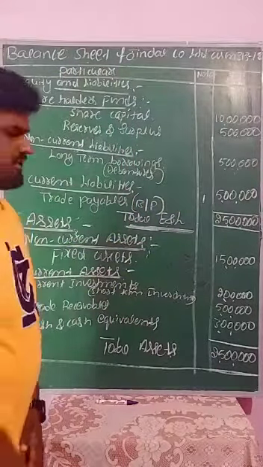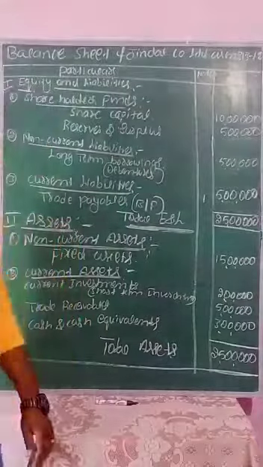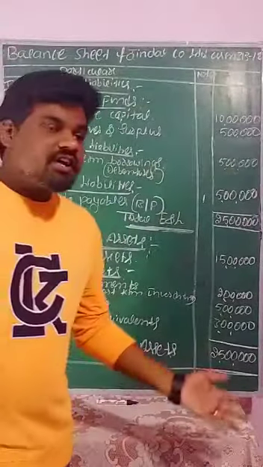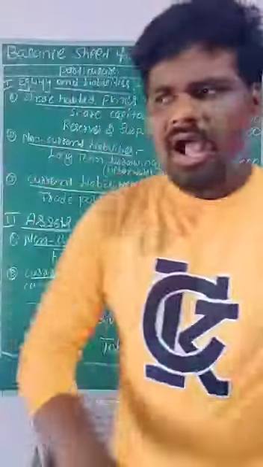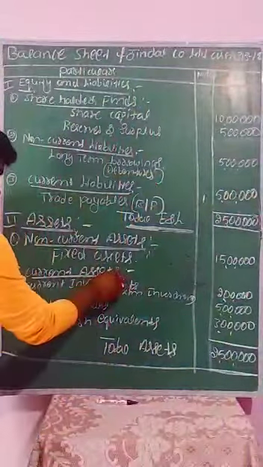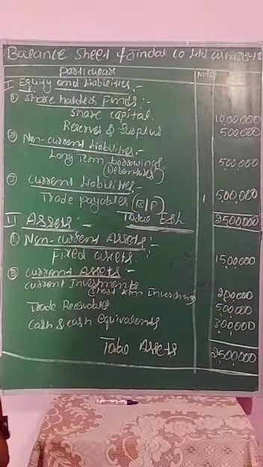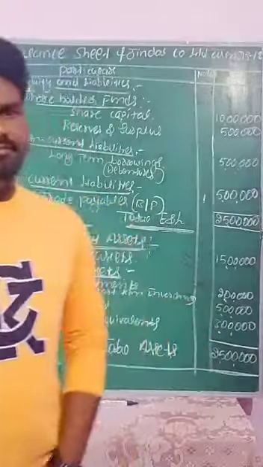The next transactions are related to current investments as well as trade receivables and cash equivalents. All these transactions are related to current assets only. The second headline, current assets. Under the current assets, the first one they give is short-term investments.